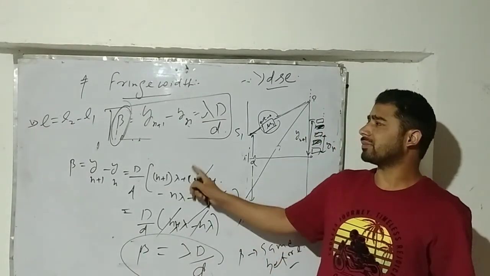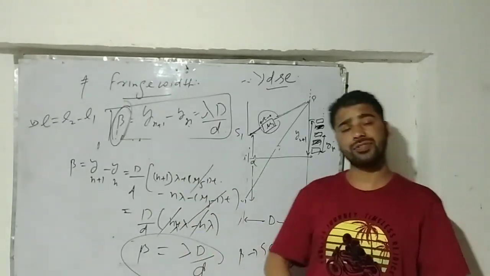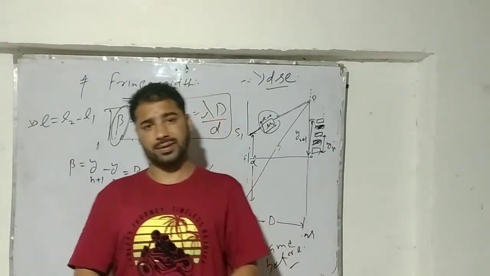This was some good remarks about the fringe width in Young's double slit experiment. Thank you.